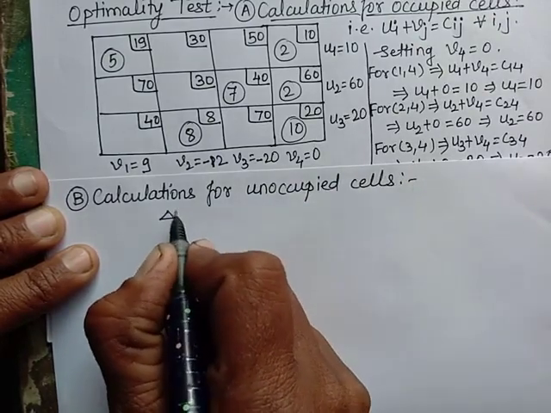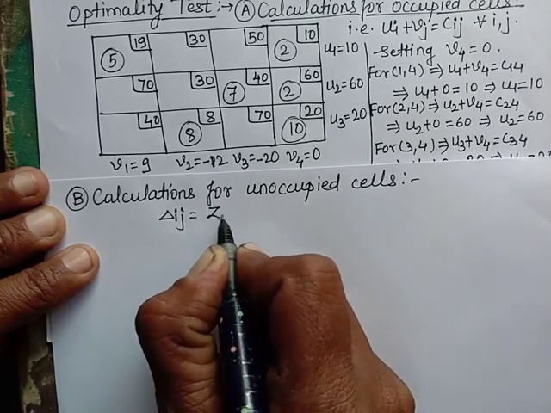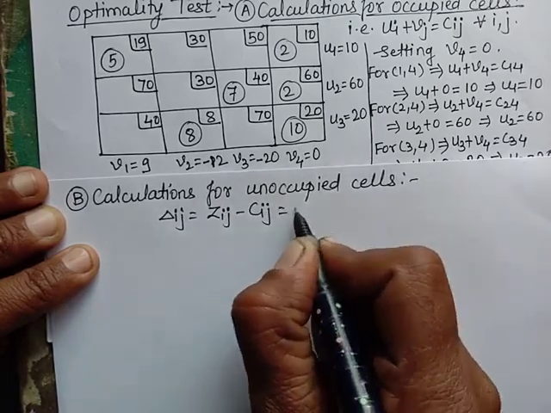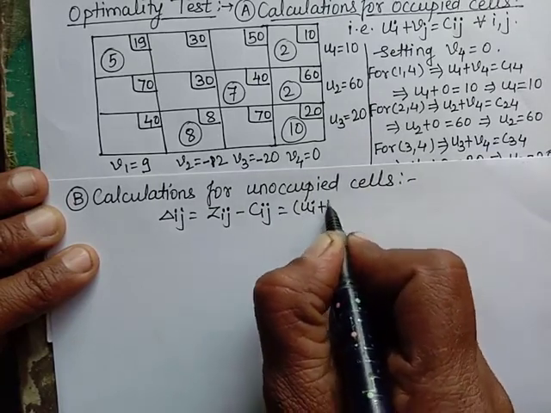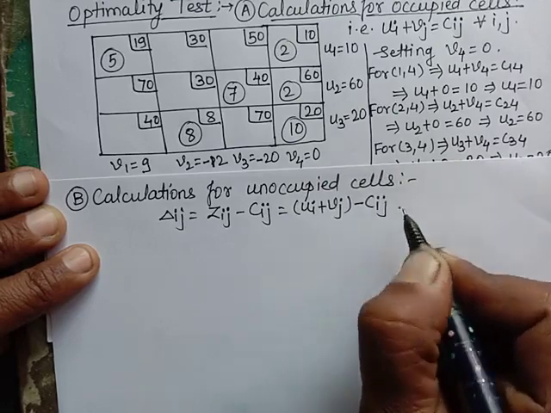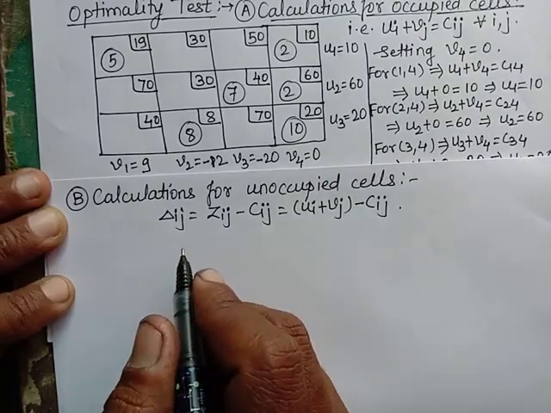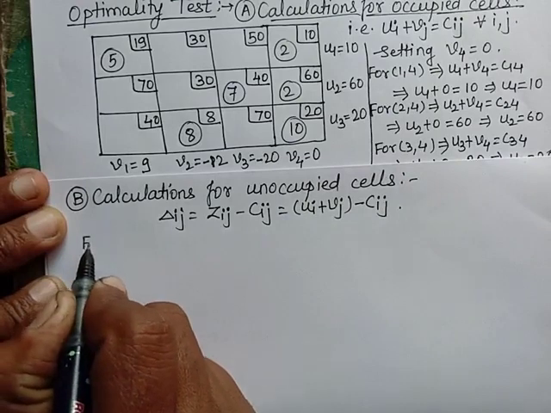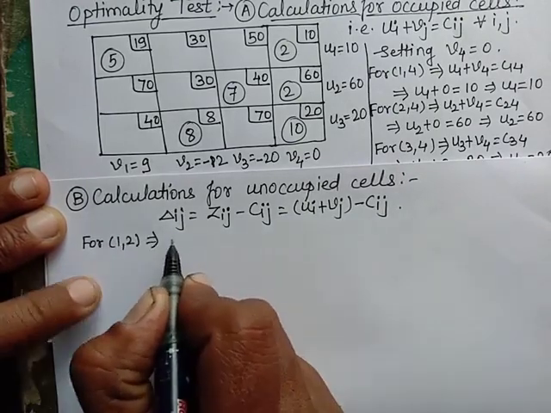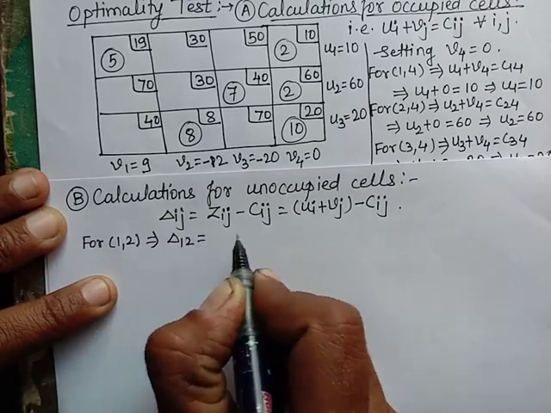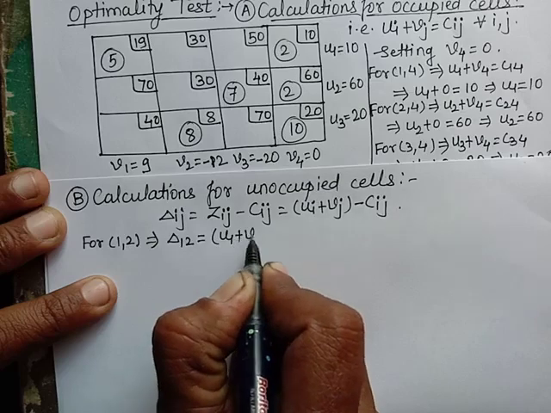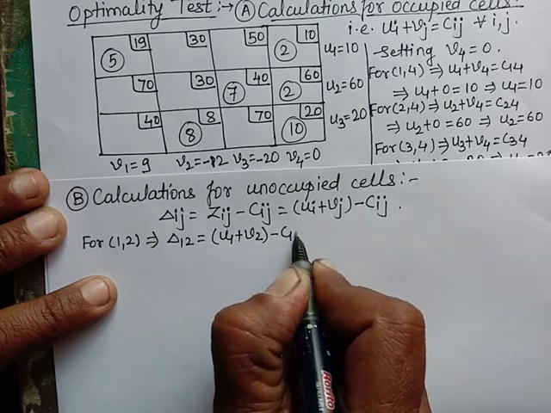Using delta ij is equal to zij minus cij, and that is equal to ui plus vj minus cij. Okay, so for cell 1 2 we get delta 1 2 is equal to, let me use this part directly, U1 plus V2 minus C12.